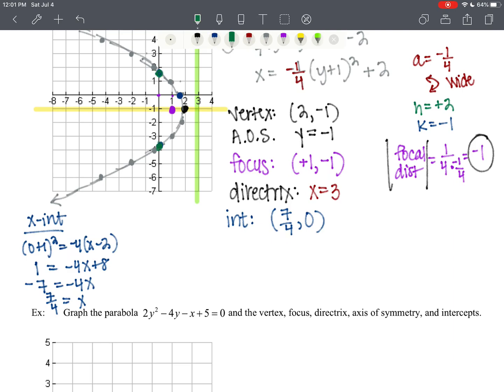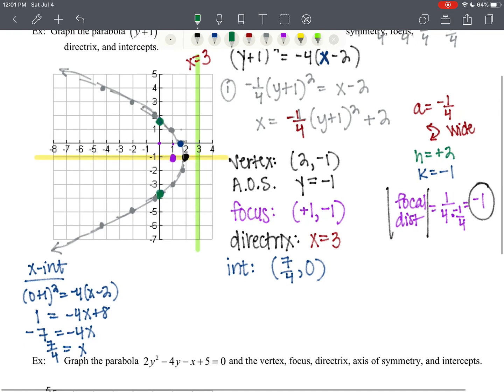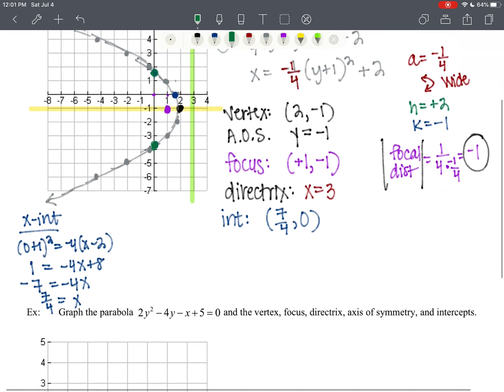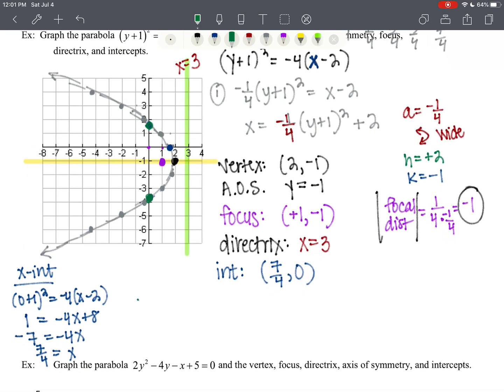Our y-intercepts are the values of y when x is 0. So we'll have y plus 1 squared equals -4 times (0 - 2). Y plus 1 quantity squared equals 8.